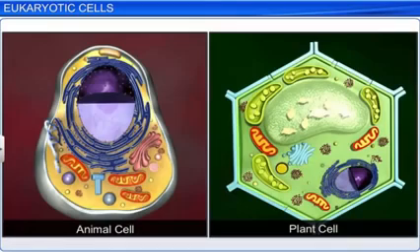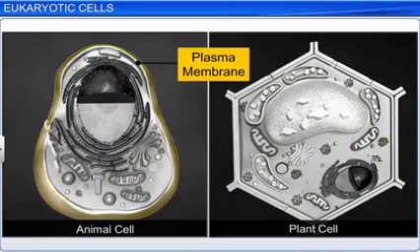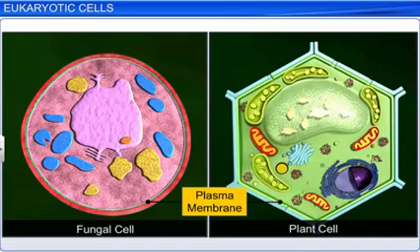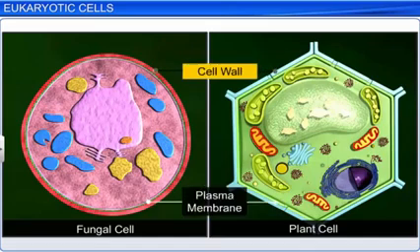Eukaryotic cells differ not only in their cytoplasmic organelles, but also in their structure. Take, for instance, animal cells in which the plasma membrane forms the outer boundary of the cell. But in fungi and plant cells, the plasma membrane is covered by a cell wall which forms the outer boundary.